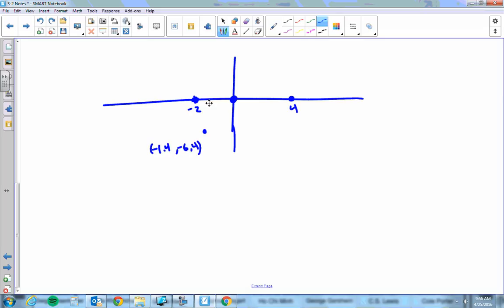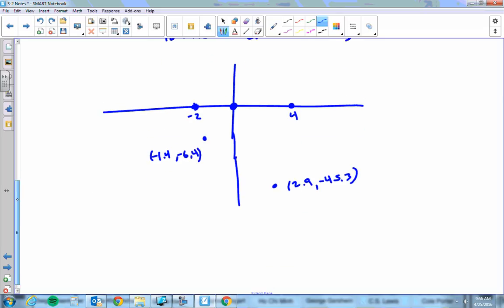Just estimate it, somewhere in there. And the other one is at 2.9 comma negative 45.3. This is not exactly the scale. My x-axis and y-axis are definitely not scaled the same. It's okay.